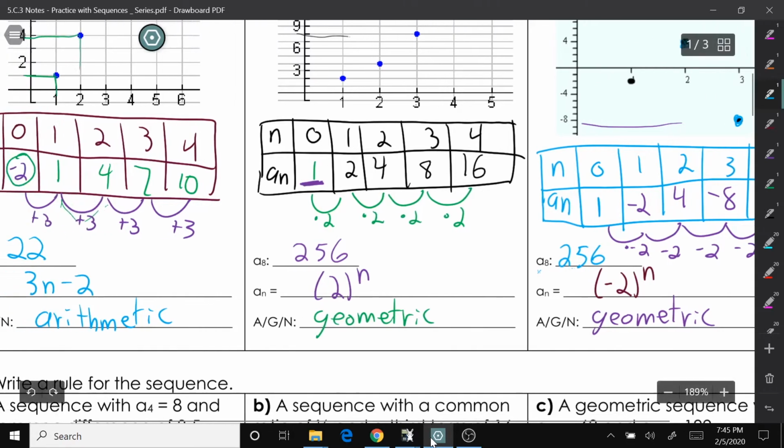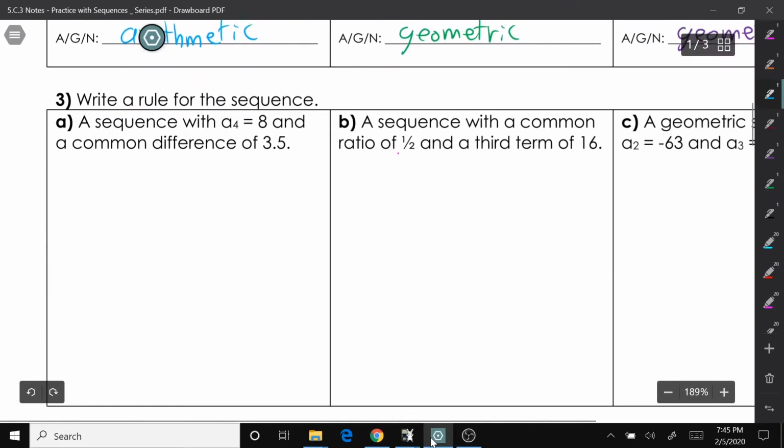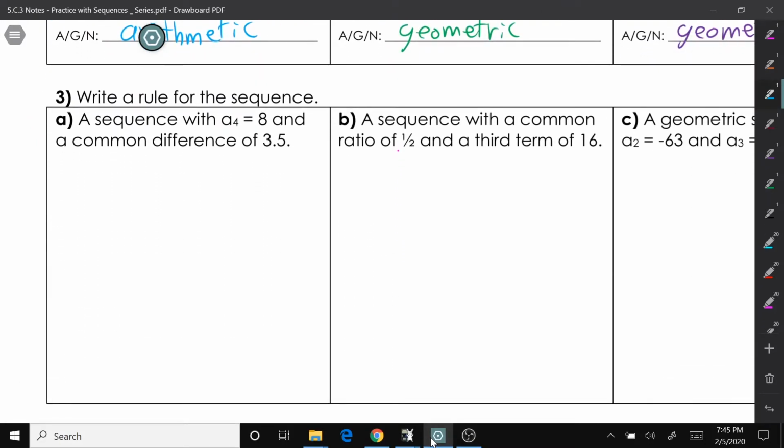Alright, number 3, let's look at that. Write a rule for the sequence. A sequence where A4 is 8 and a common difference of 3.5. So that means this is like your slope, a 3.5.